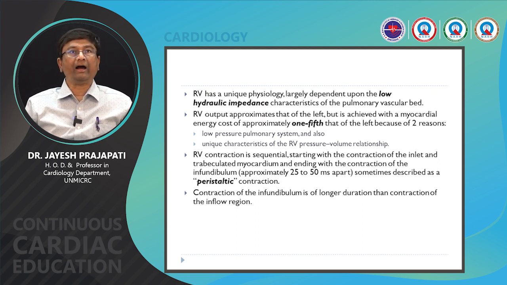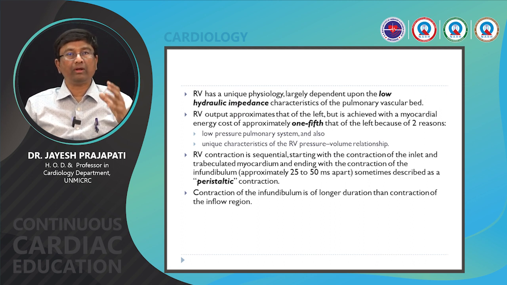So RV output is approximately the same, because the same blood passes through the LV and the RV, but it is achieved with low myocardial energy, at one fifth of the cost, because of two reasons. It is a low pressure chamber, with a unique characteristic of the RV pressure volume relationship, and it contracts with a peristaltic motion, and contraction of the infundibulum is of longer duration than the contraction of the inflow portion.